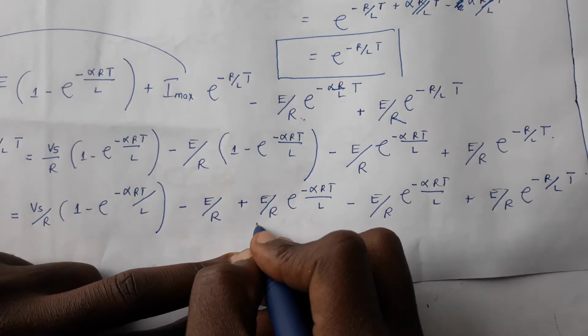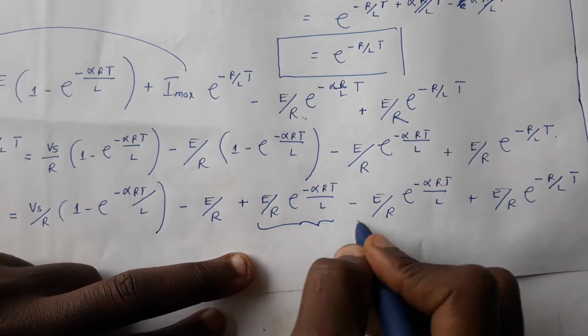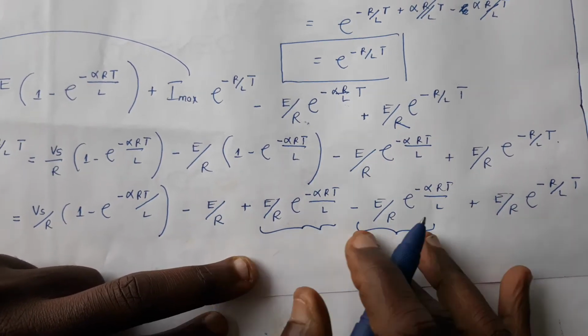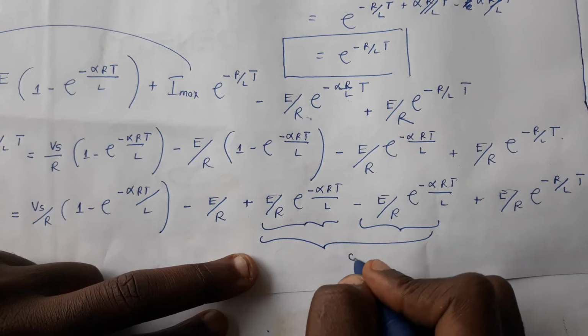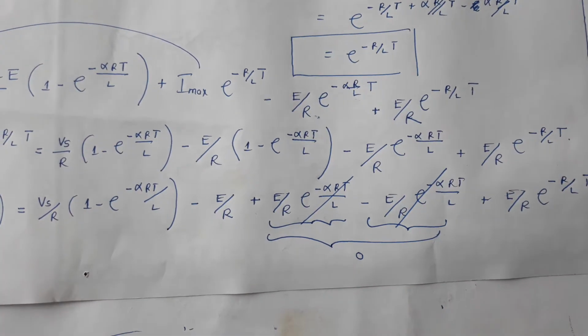Okay, so this term and this term, they're the same. One is positive, one is negative, so this will yield a 0. So you have that going.